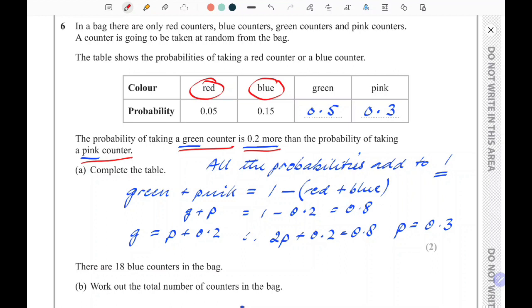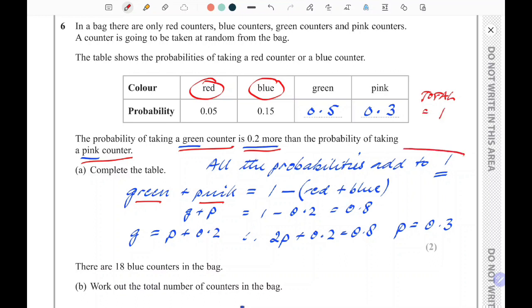And straight away, we need to set up an algebraic expression. So what I've done is that the green plus the pink must equal, right, whatever's remaining from 1. Because remember, the most important thing, when you only have 4 outcomes, the total must equal 1. All right.